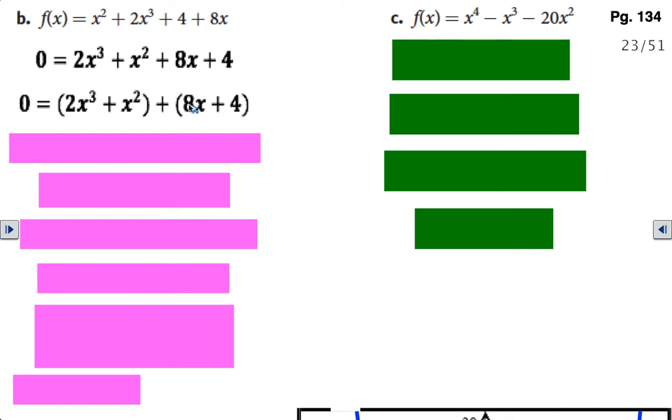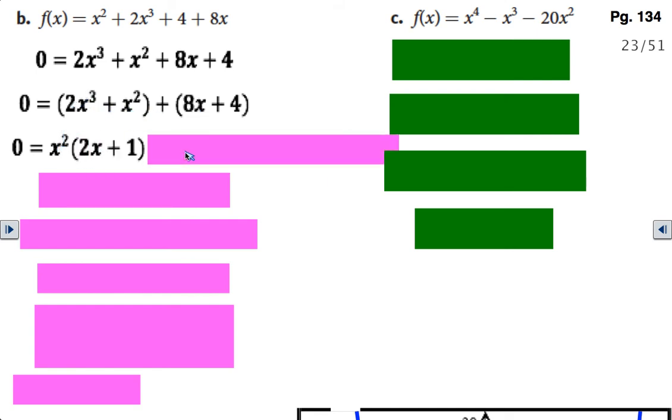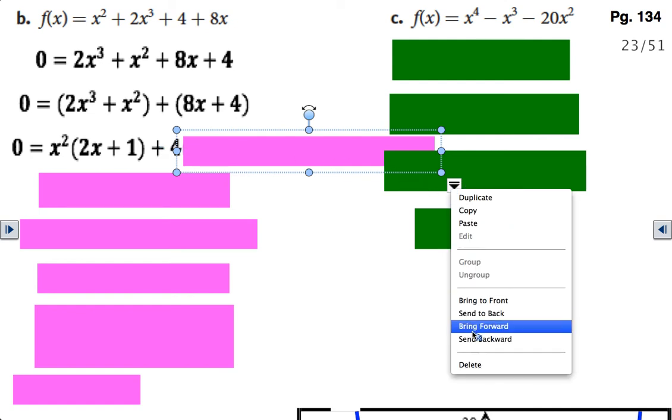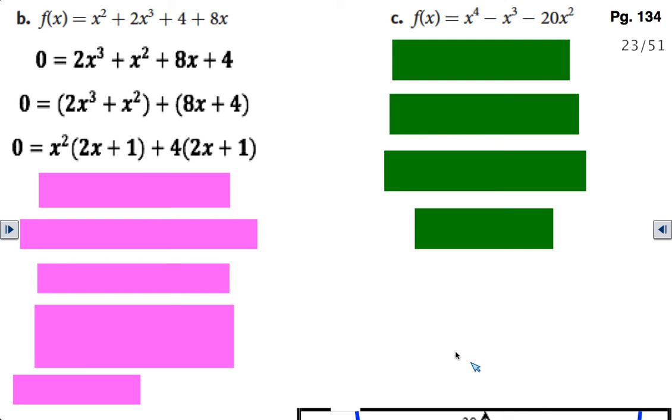Well, I can factor out my greatest common factor from both of these. So in this case, my greatest common factor would be x squared. So I'm just going to factor out x squared from this term, and I'm left with 2x plus 1. From these 2 terms, I can factor out a 4. So it'll be a positive 4, and then in the parentheses, I'm left with 2x plus 1.